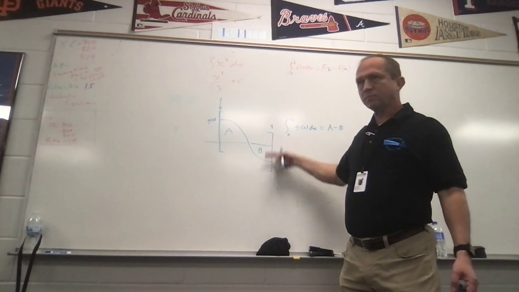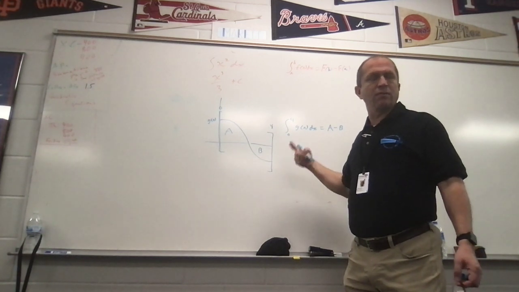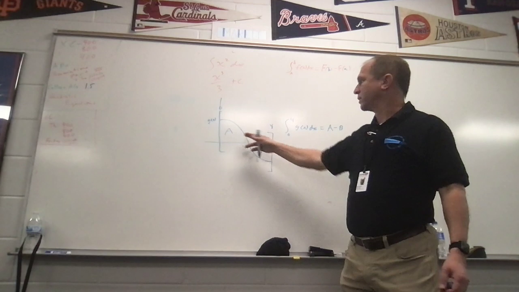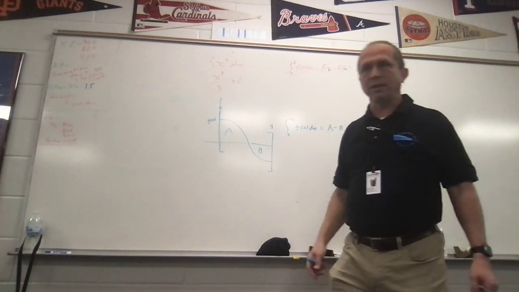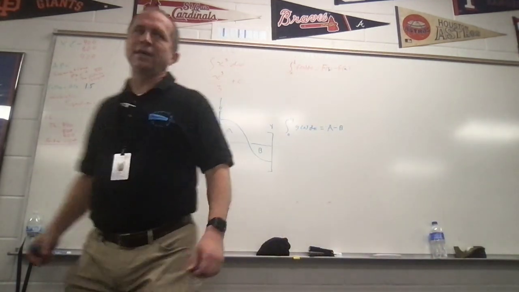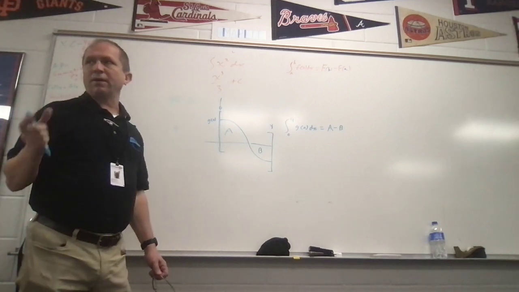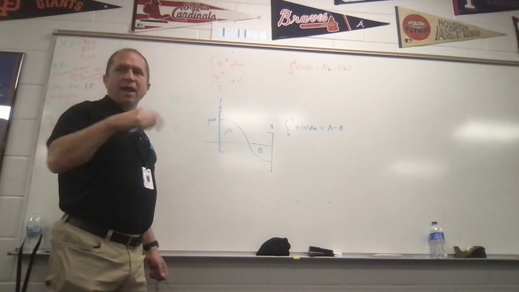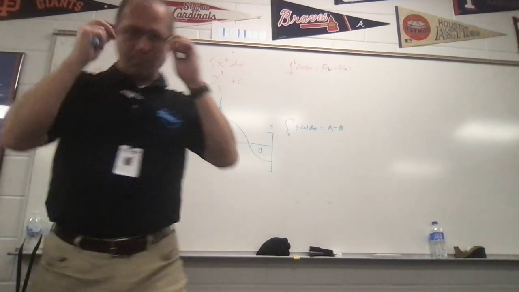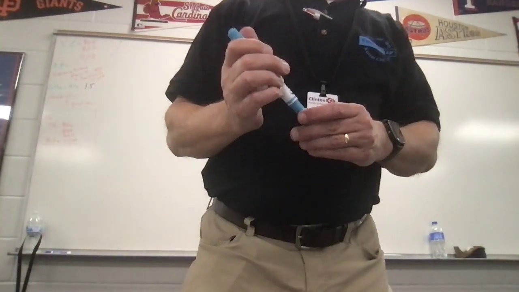These are all below the x-axis, so represented by negative y values. So A minus B is what happens there. So it's not entirely the area, but the integral has a direct relationship with the area, or has a relationship with an area. So let me pause.